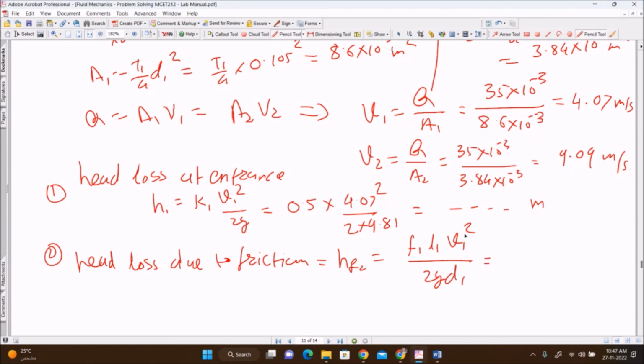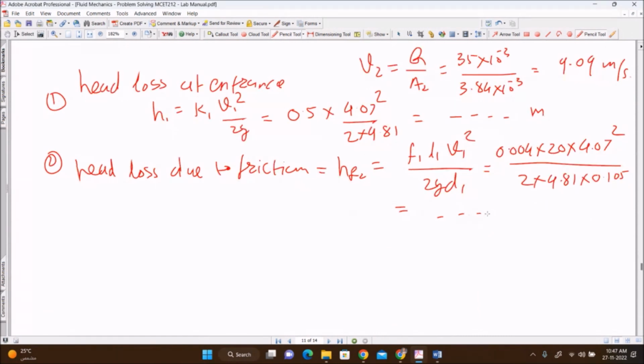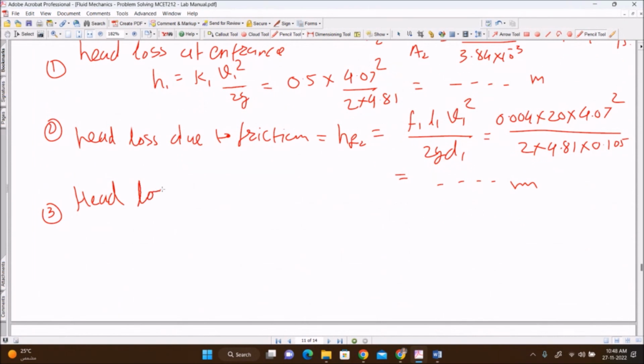So F1 is 0.004 into 20 into 4.07 square divided by 2 into 9.81 into diameter D1, which is 0.105, meter.